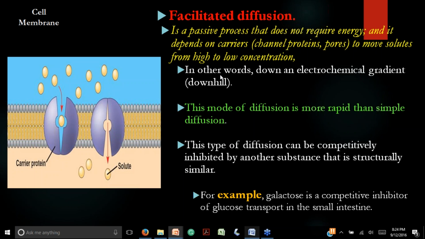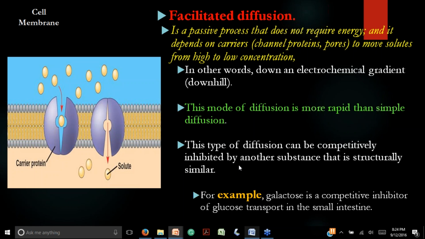It takes about 1/10,000 of a second to complete the transport. Another example of a transporter is the one for glucose, and in this case we have the example of galactose. This galactose can compete with glucose for its binding sites.